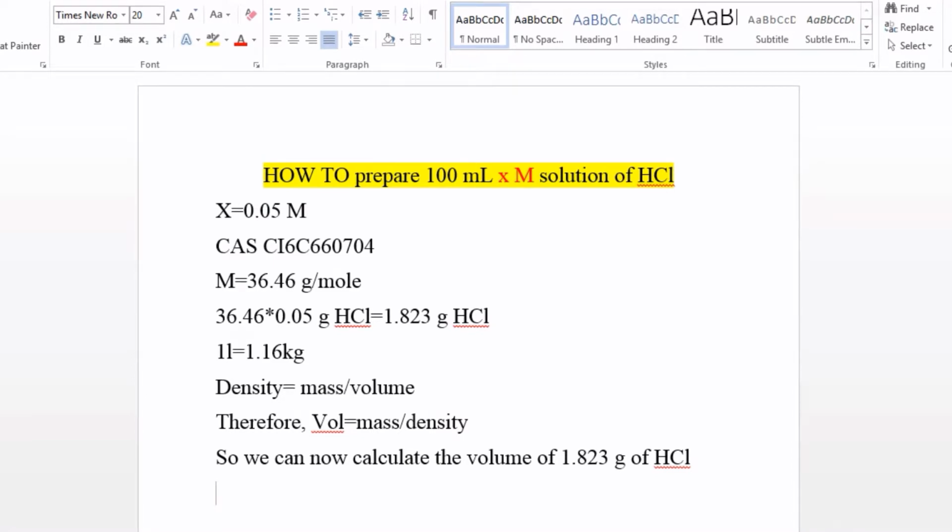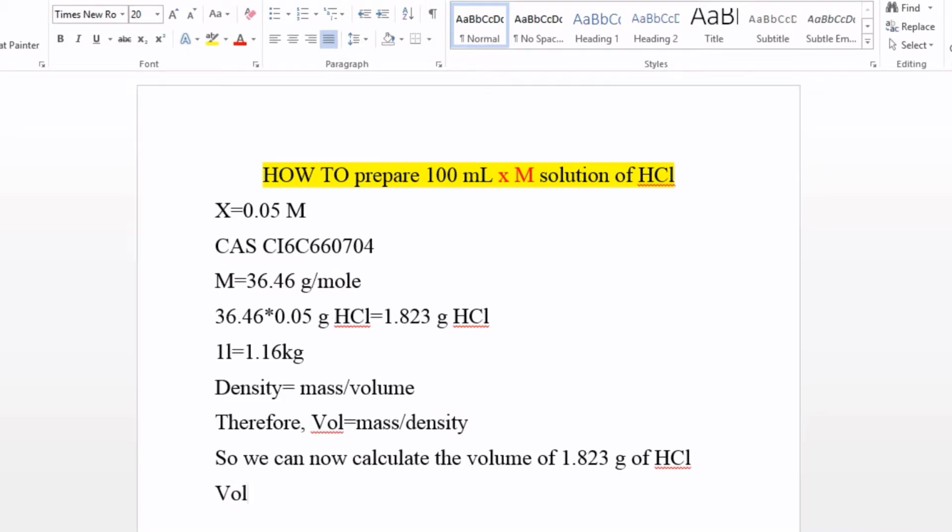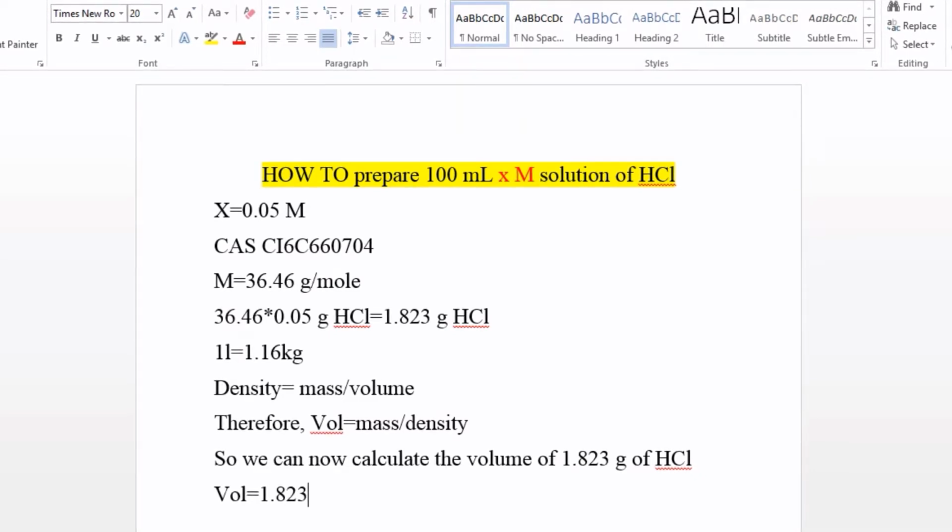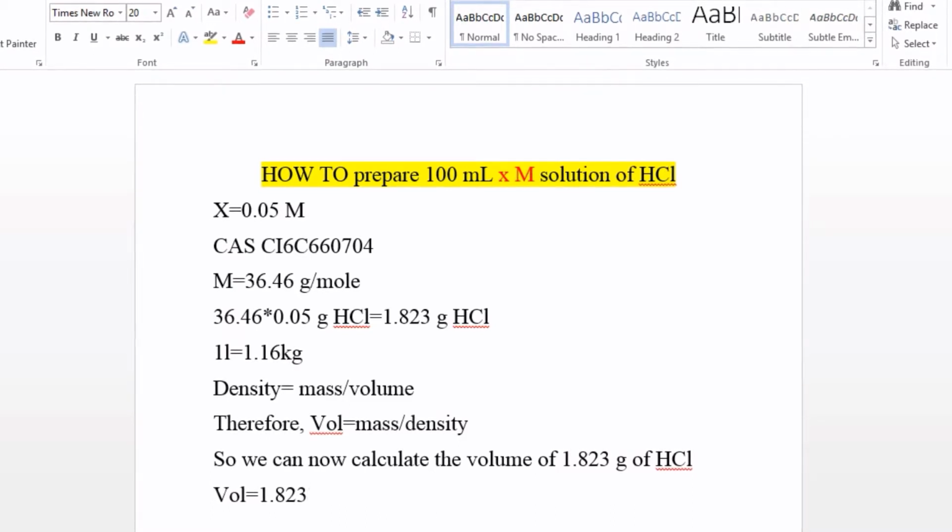Let's calculate. Volume is equal to 1.823, this is gram, and this is kilogram per liter density.